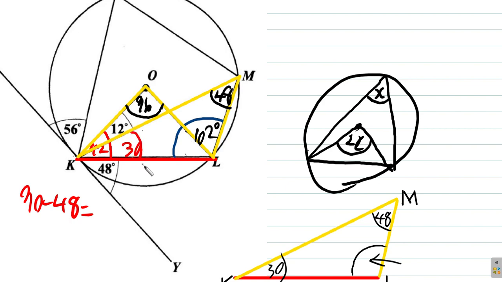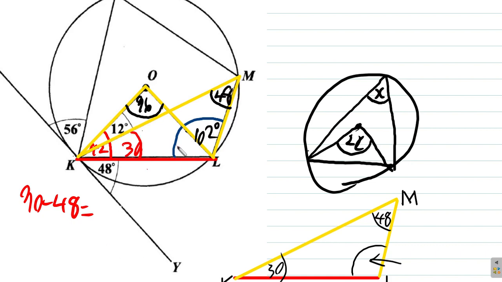Now we worked this out already earlier when we talked about the isosceles triangle. We work this out, and this is half of it. All right.